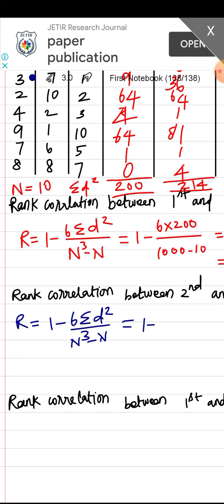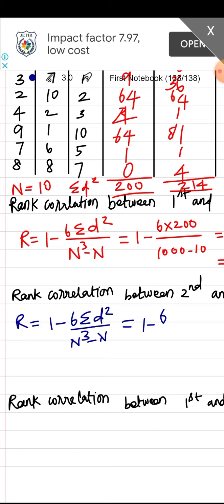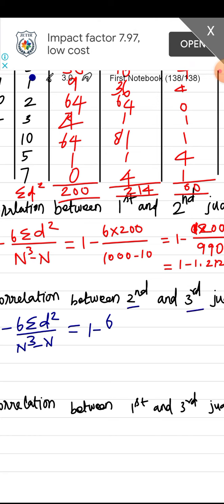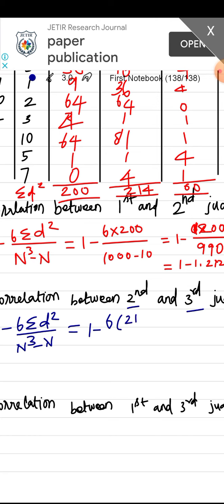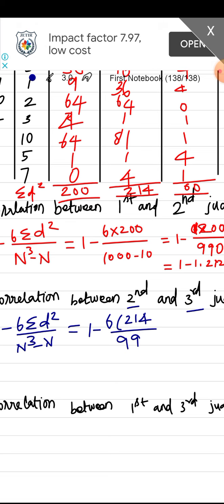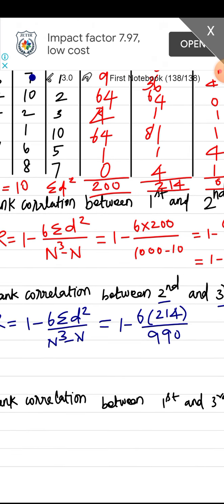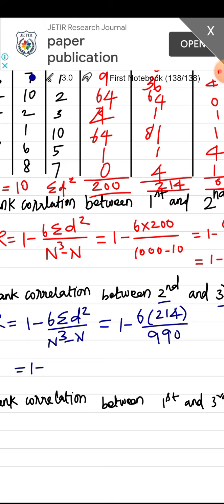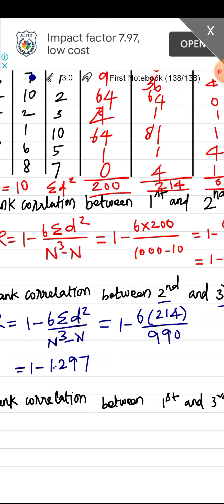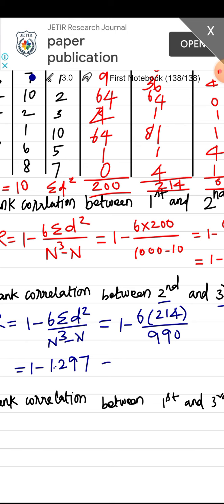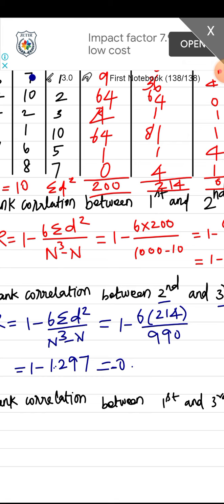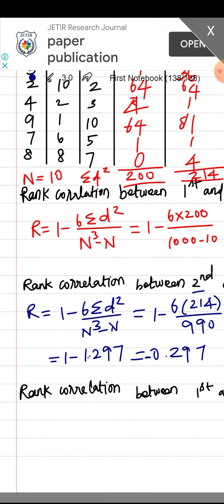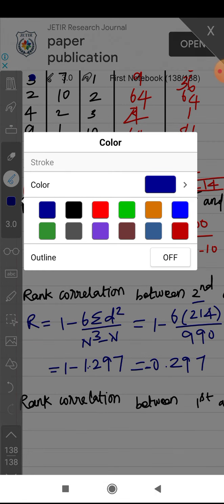Summation d square for the difference between the ranks of second and third is 214, divided by the same denominator, 990. So which is equal to 1 minus 1.297, which is equal to minus 0.297.